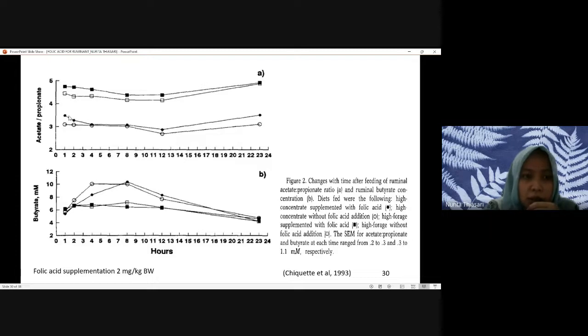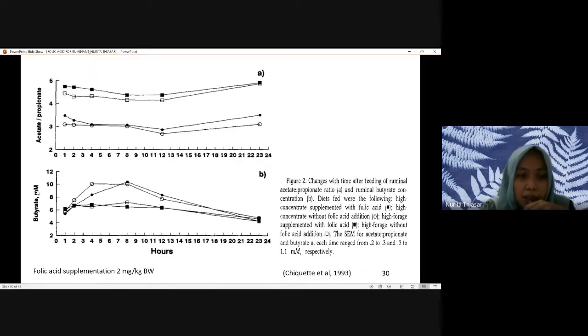And also for the high concentrate diet, it shows a slightly increased ratio of acetate to propionate compared with without the addition of folic acid.